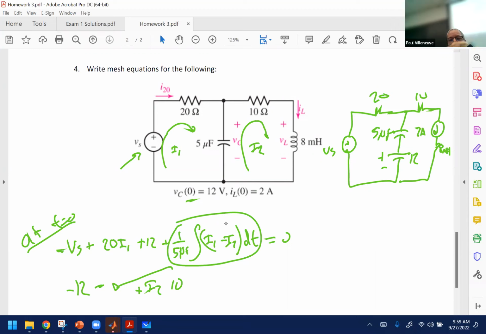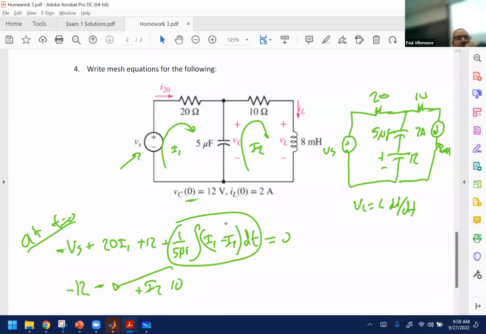Okay, now we're at a 2 amp supply, so what do we do there? How would we do that? So we know that VL equals L di/dt.